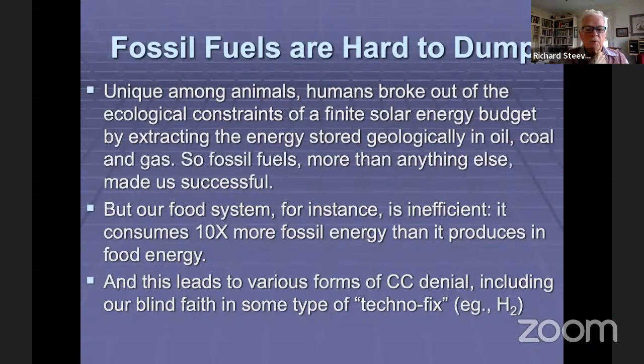So fossil fuels, more than anything else, made us successful. And here we come back to this morning's talk. But our food system, for instance, is inefficient. It consumes 10 times more fossil energy than it produces in food energy. And this leads to various forms of climate change denial, including our blind faith in some kind of techno fix, such as using hydrogen.